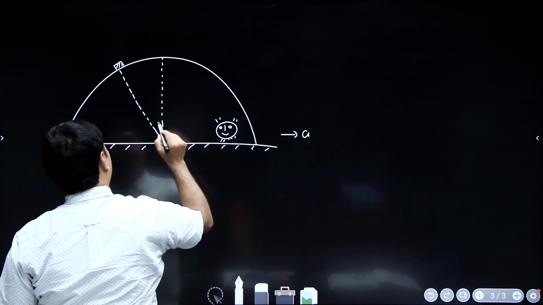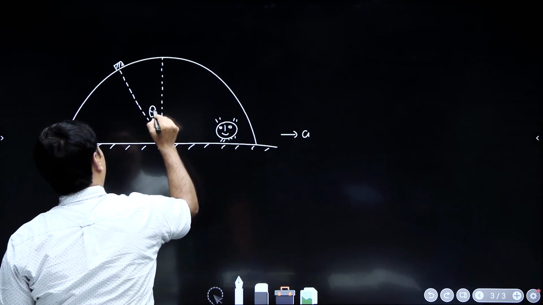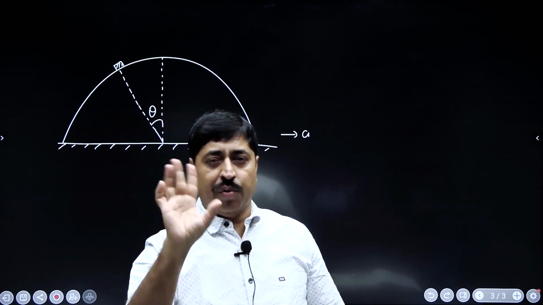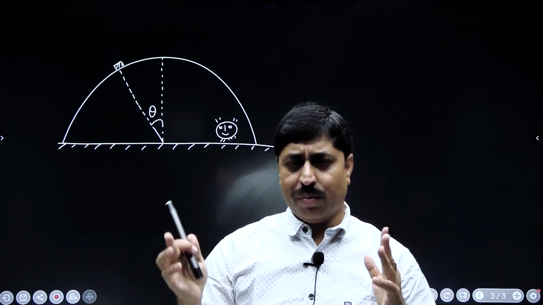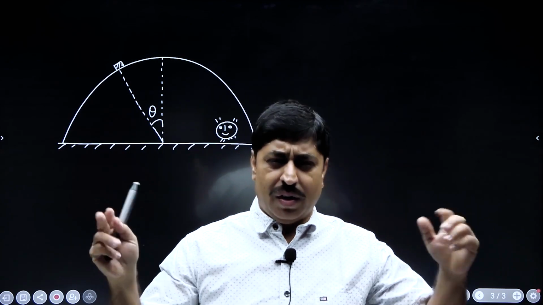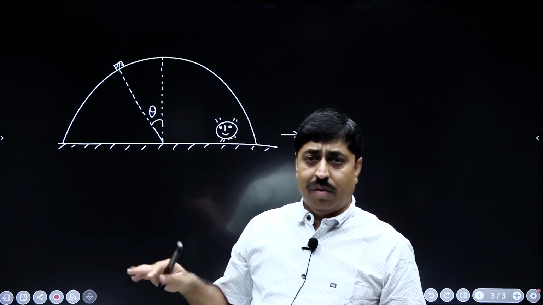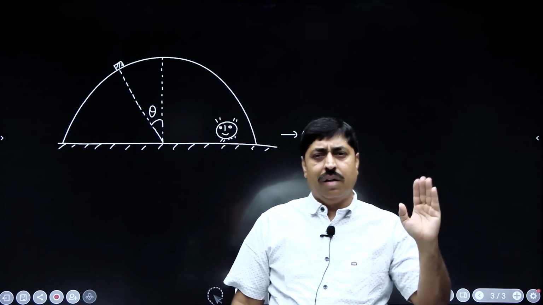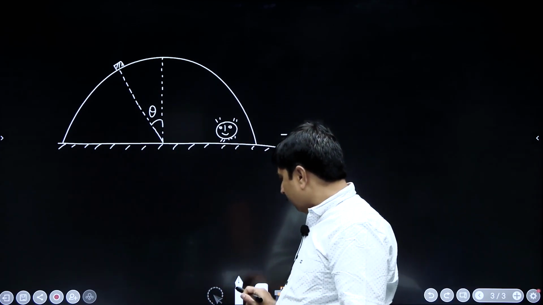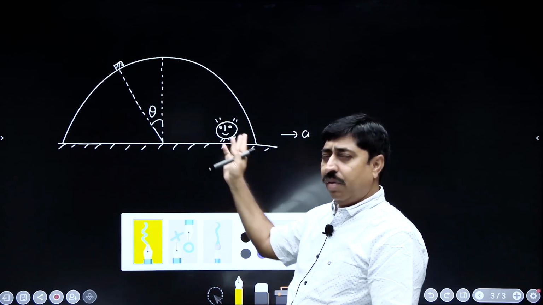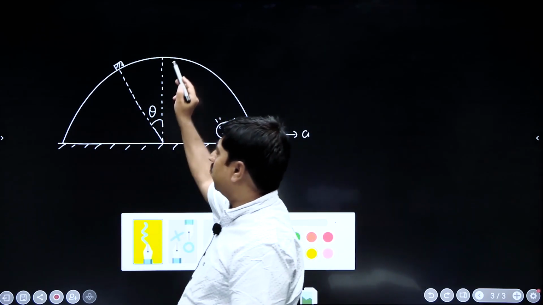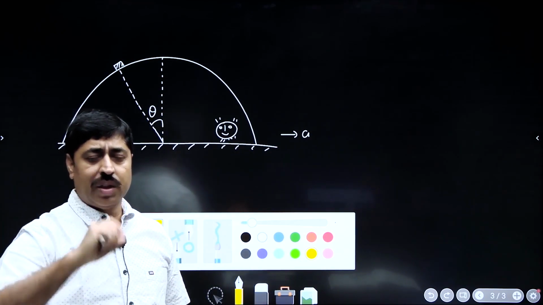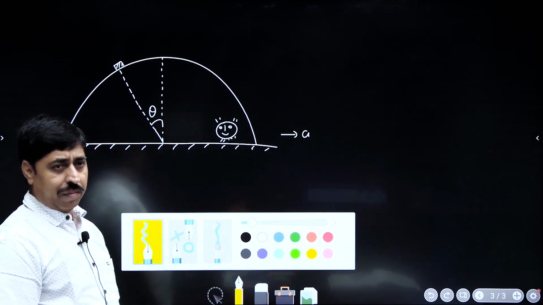Just to keep the diagram clean and clear, I have shown this angle theta to be large. The question is asking us to discuss a situation where theta is as small as 1 degree, but okay, to make the visuals clear, I have taken a larger angle theta. So let us assume that in some time the block slides from this position to this position. It rotates through an angle of theta with respect to the hemisphere, right?